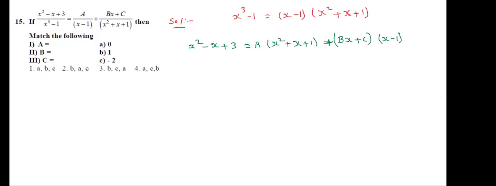Yes or no? Right. Now put x is equal to 1. Put x is equal to 1. Then what happens, students? 1 minus 1 plus 3, that is 3. That is equal to 3a plus 0. Finally, a value is 1. So, the answer is B.